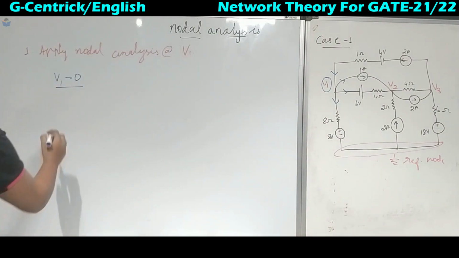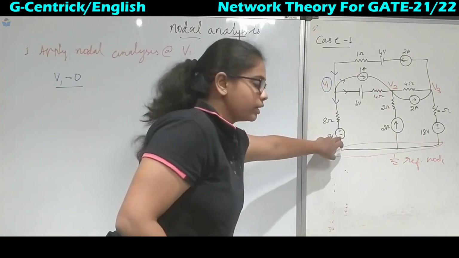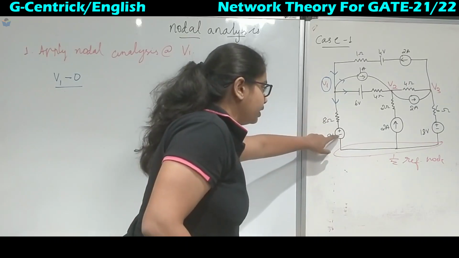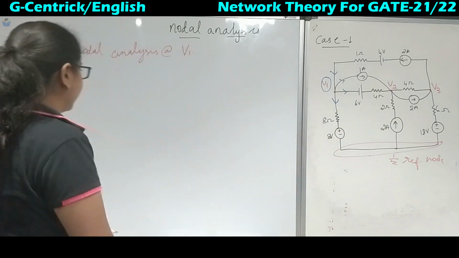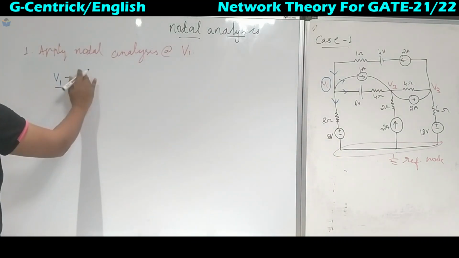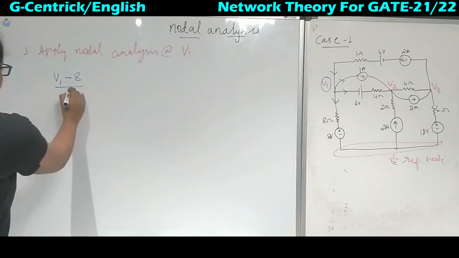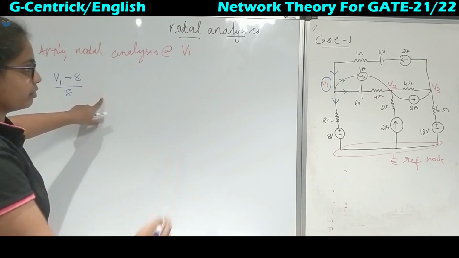Okay, sorry, here is also one node. Here is the voltage source, so while the current is going here, we will take the after sign, which is negative. So this is minus 8 divided by 8 ohms. It is not required to write the reference node 0.